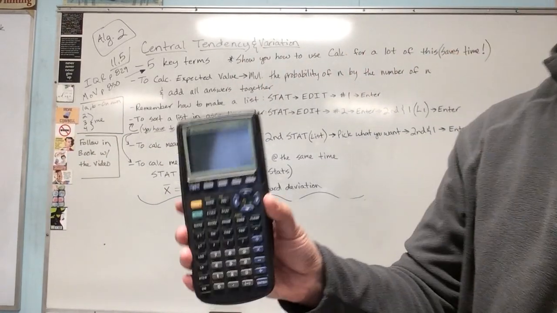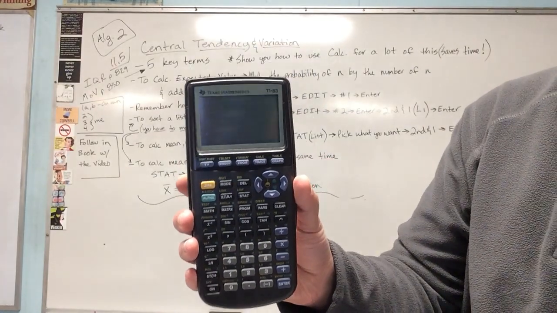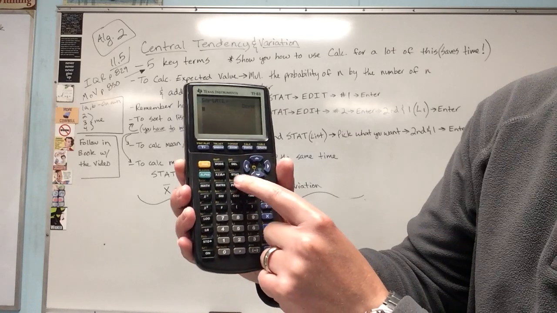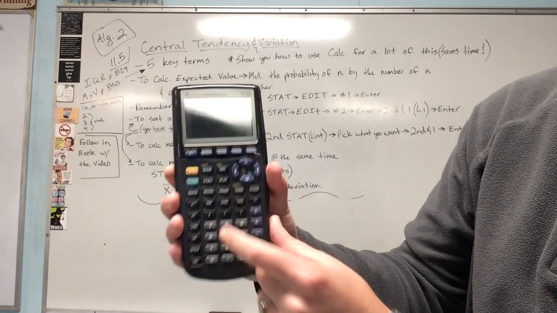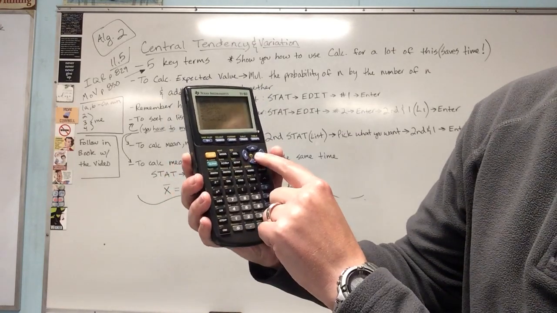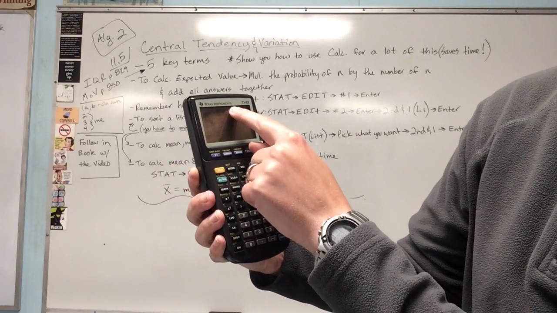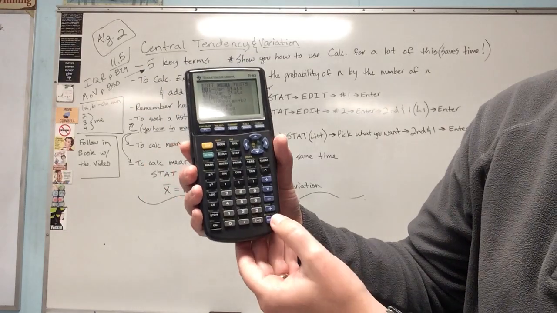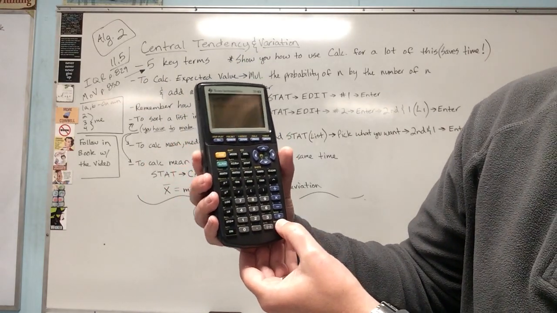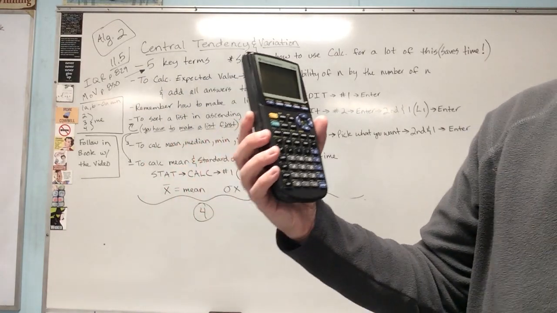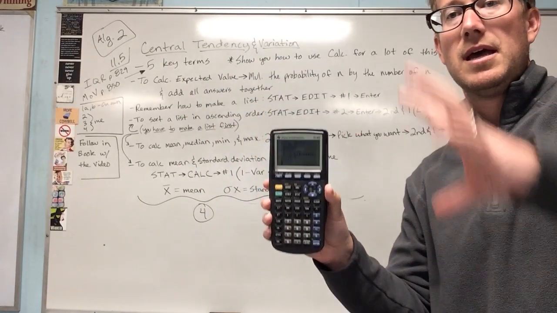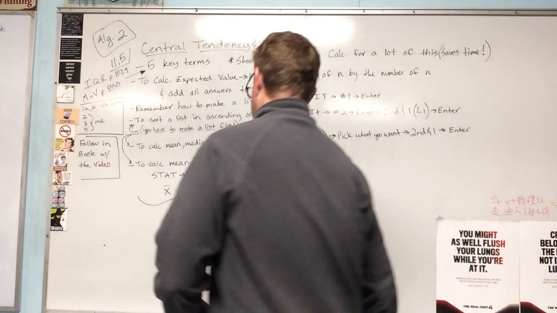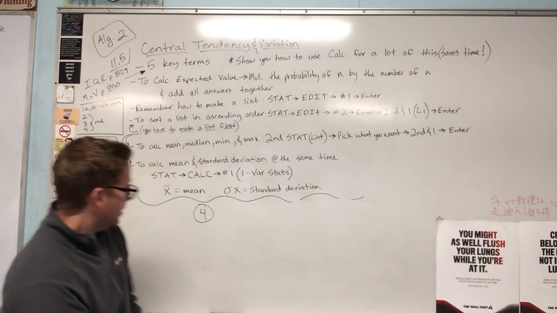Once you've put these in the list, you will then go to Stat, push that, and then once you go to Stat, you go to the right. That's Calculate, and number 1 is 1-var stats. Hit Enter again, and it's going to completely populate every value that you need. And the values that you care about the most are right here.